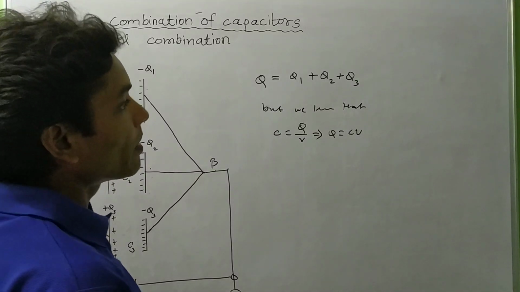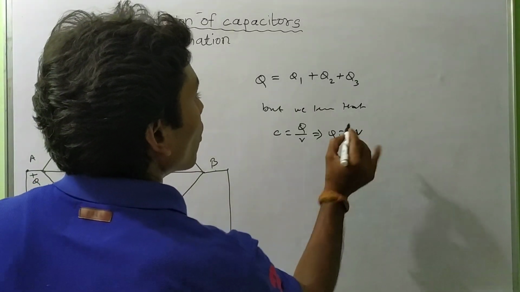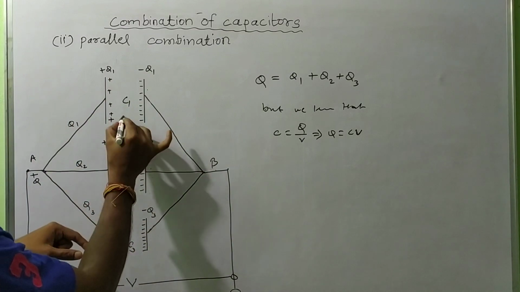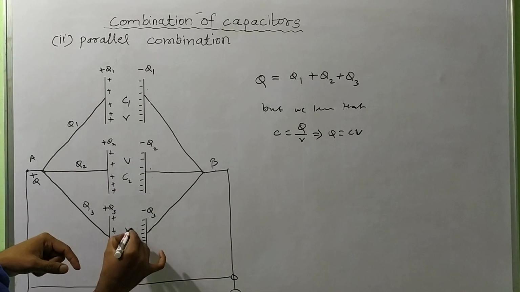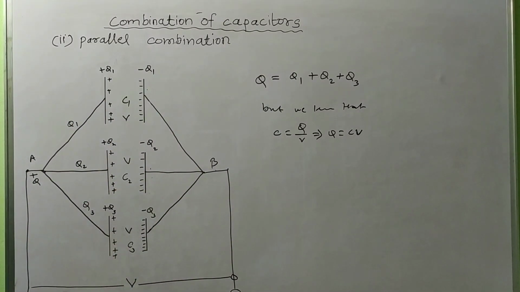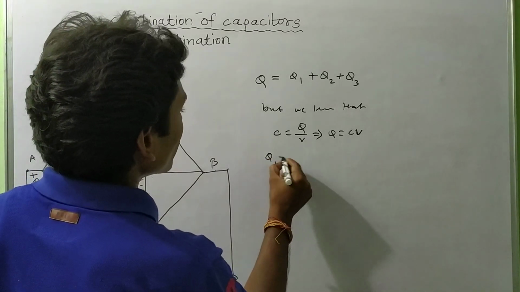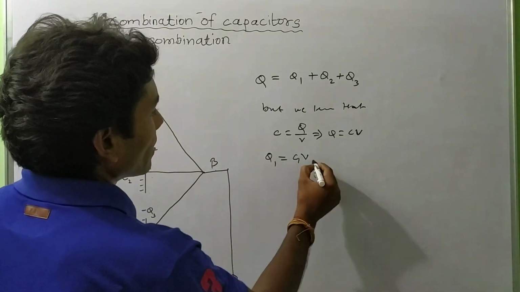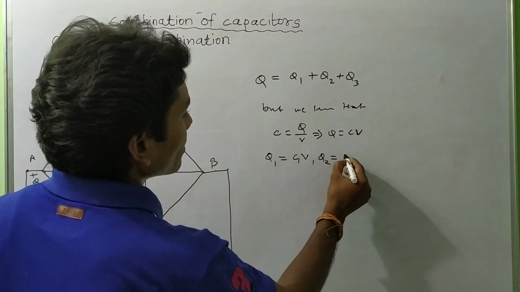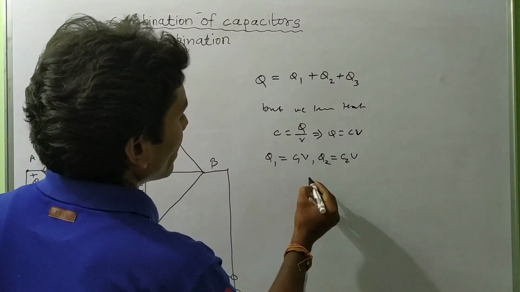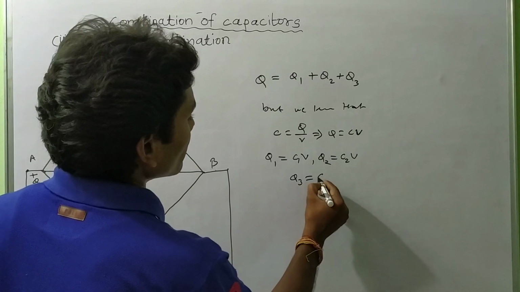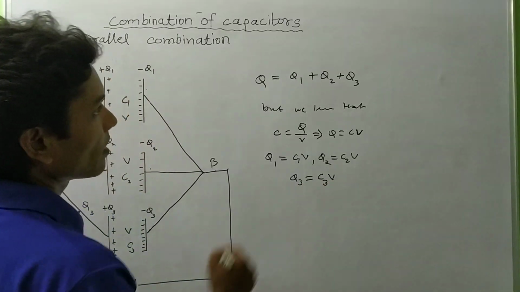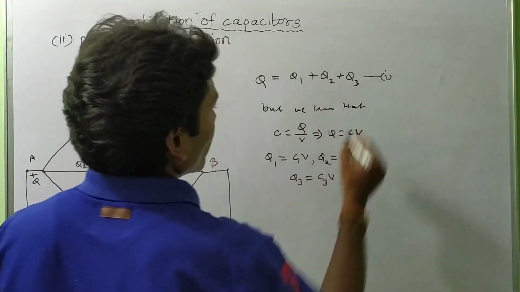V is common for each capacitor. So Q1 will be C1V, Q2 will be C2V, and Q3 will be C3V. Let this be equation first.